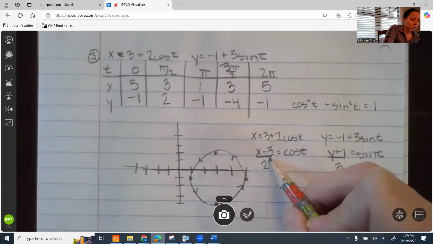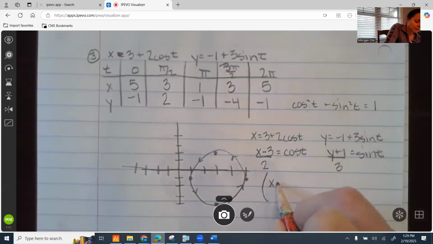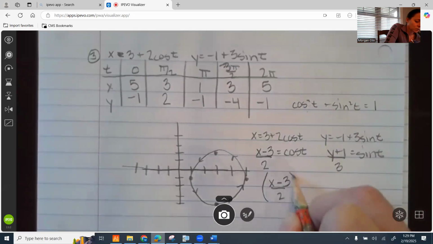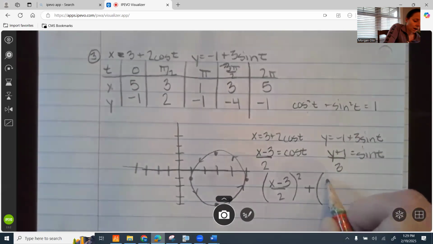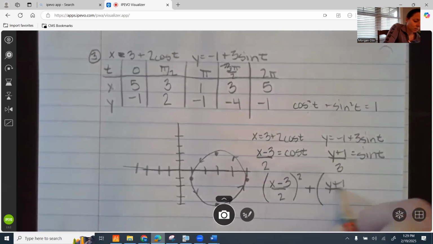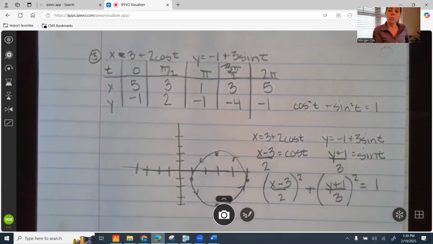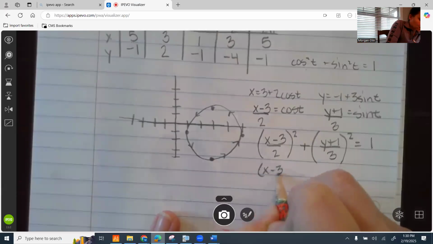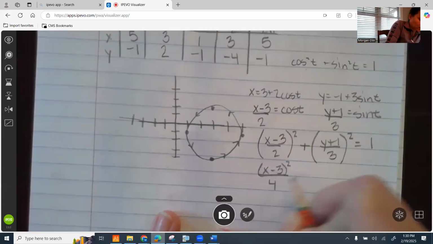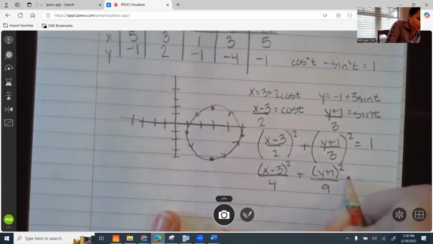So here, when I plug it in, these are both squared. So what I would do is x minus 3 over 2 squared plus y plus 1 over 3 squared equals 1. When I clean this up just a little bit, I'm going to square the denominator, which is 4. Same thing on this one, I'll square the denominator, which is 9.